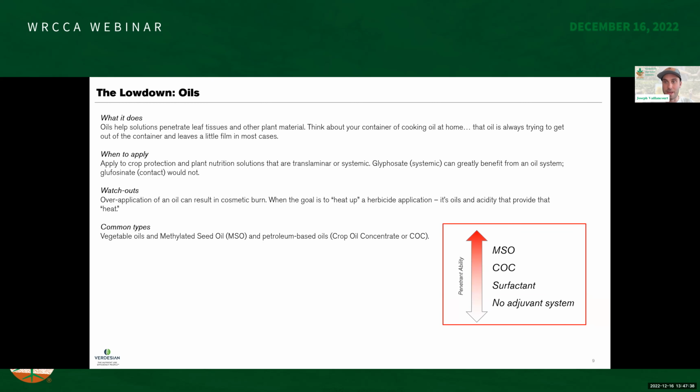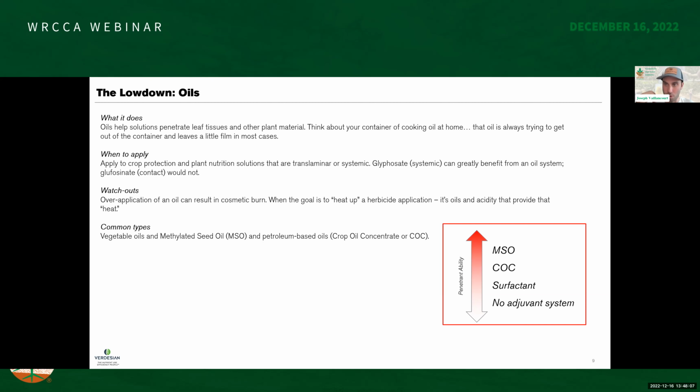Those are petroleum based in organic materials, and this still provides a very good level of penetrant, but backs off just a little bit. So if you do have some concerns, probably better to take a crop oil concentrate. If there's not one available, you're still going to get better penetrant activity with a surfactant compared to what's in can, and then no adjuvant system is probably the weakest one.